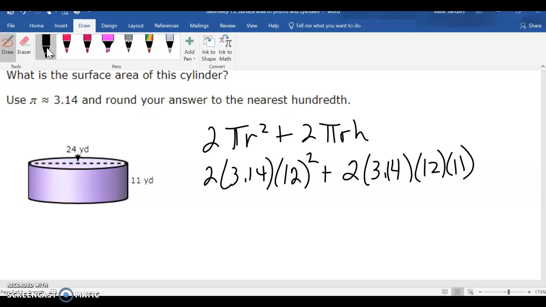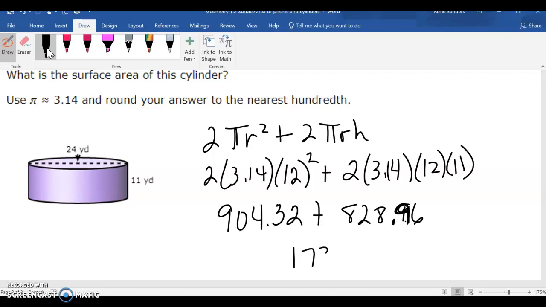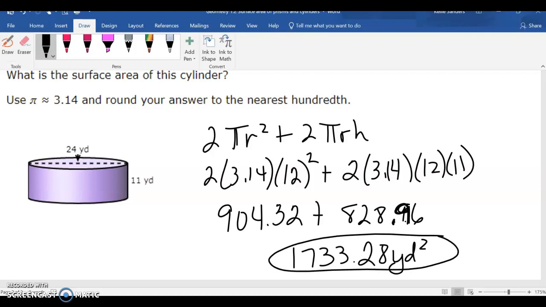Two times 3.14 times 144 is 904.32. 2 times 3.14 times 12 times 11 is 828.96. Plus 904.32, that's 1733.28 yards squared, or square yards.